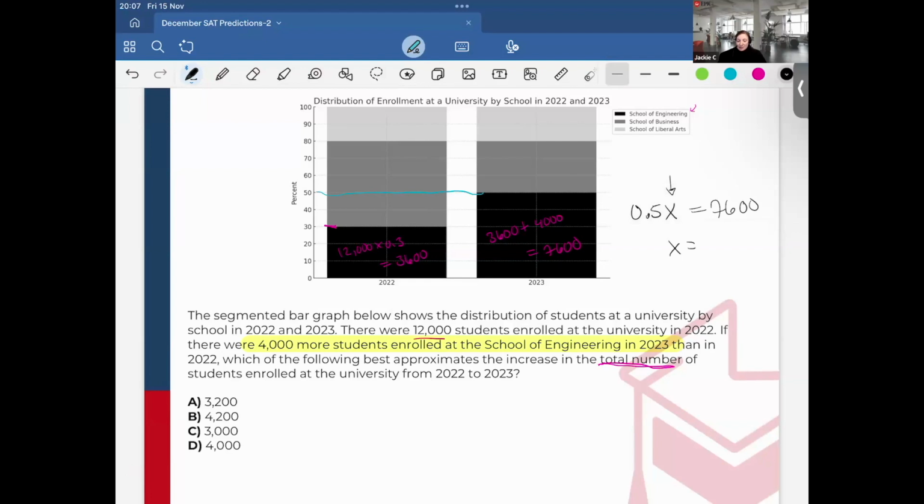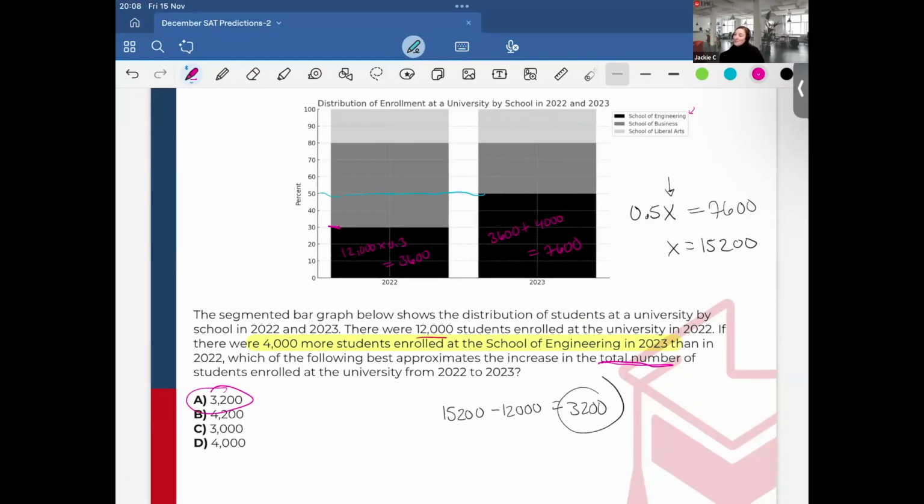Now I can divide each side by 0.5, and I get that 15,200 would be the total students enrolled in 2023. And now I just need to subtract 15,200 minus 12,000, which is, oh my goodness, correct answer A, 3,200.